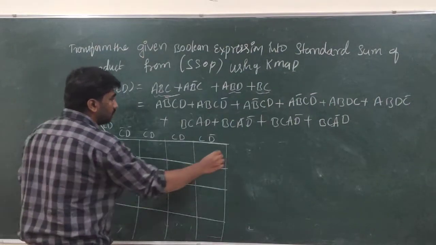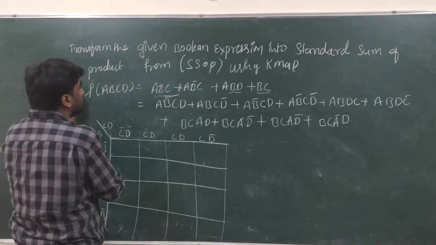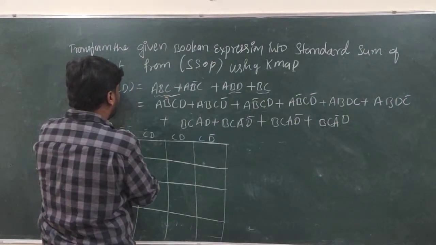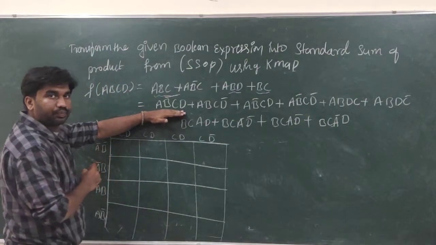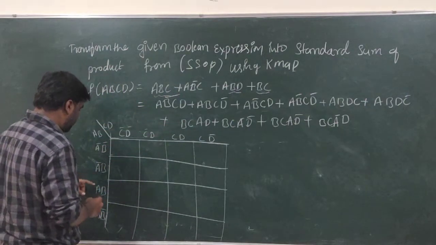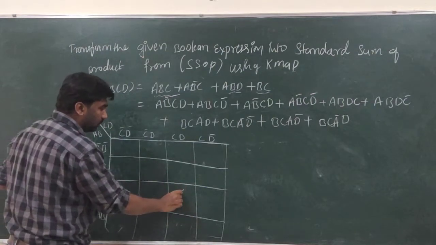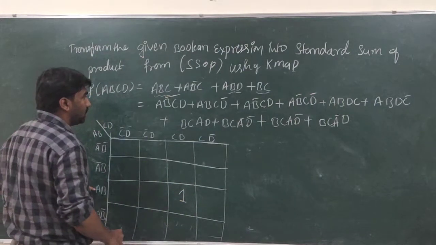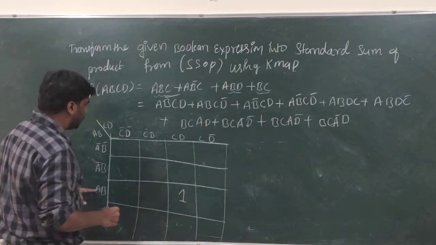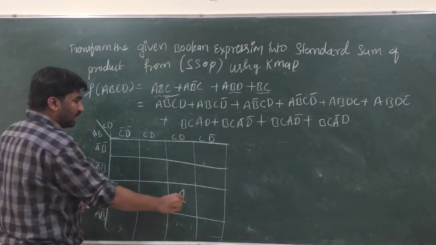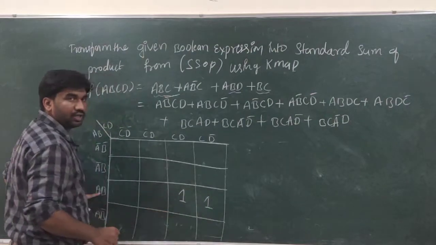First ABCD, so this cell will have 1. Next ABCD bar, again here you have to write 1.